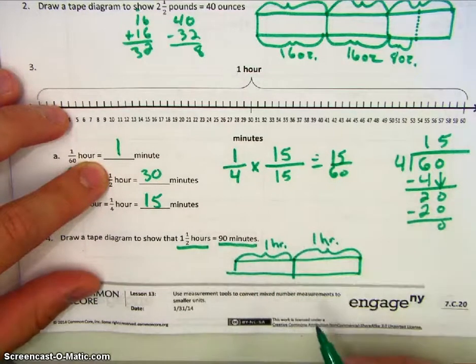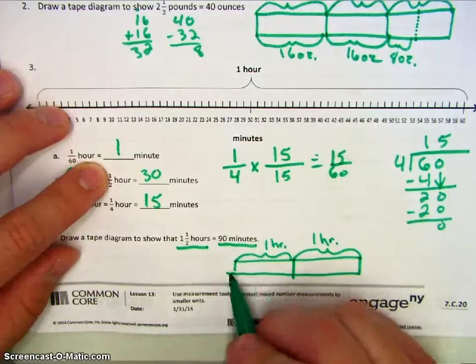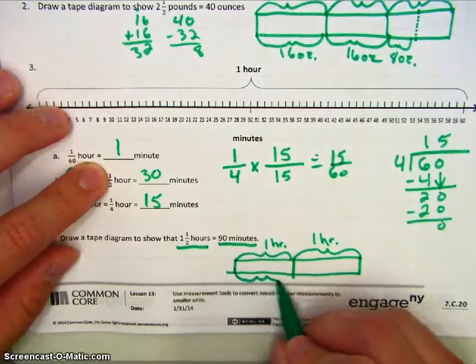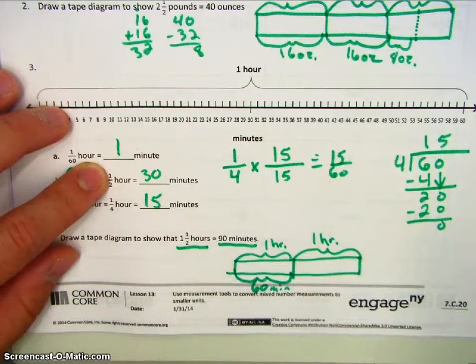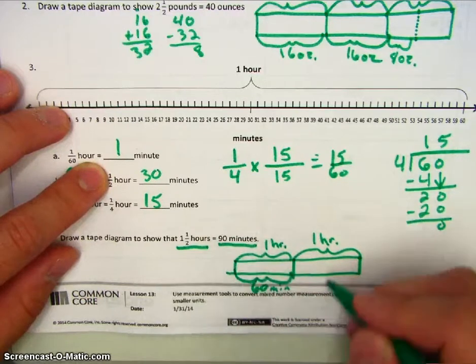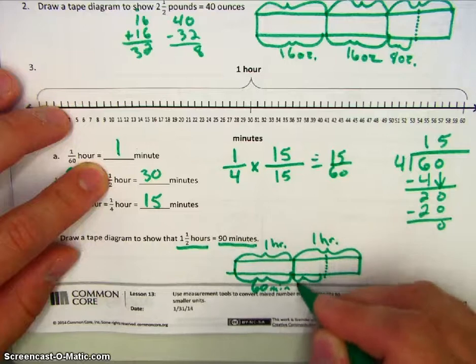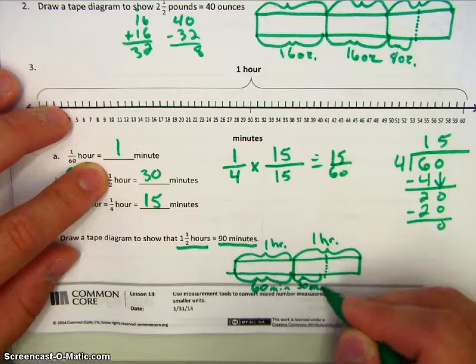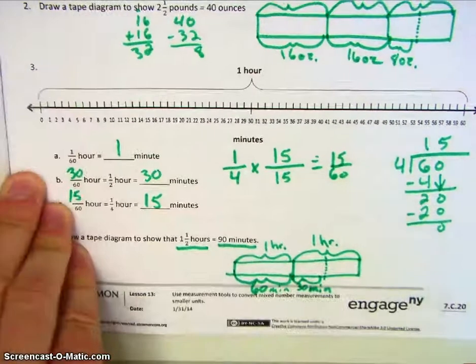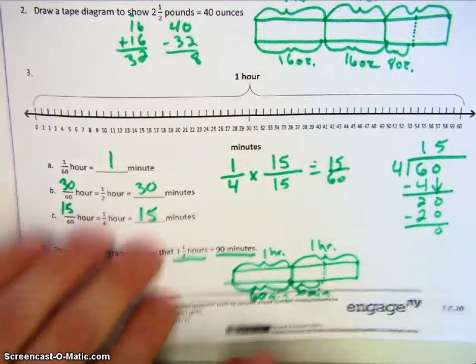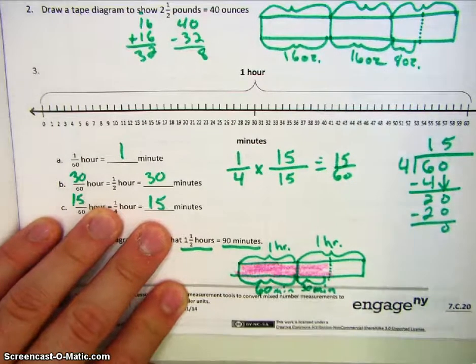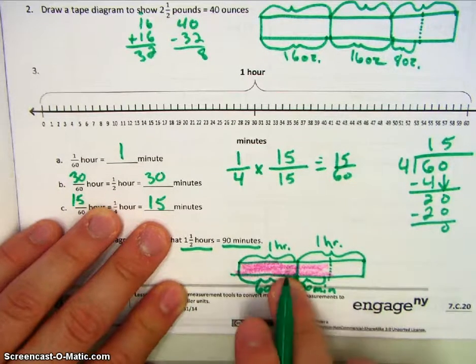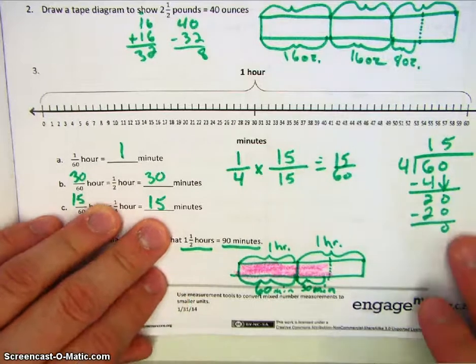We know that this right here is 60 minutes. And 90 minus 60 is 30. So we're going to split this last bar in half to create our 30 minutes. Now we can see our 60 and our 30 to get our 90 minutes. So you have your 1 and 1/2 hour to get your 90 minutes.